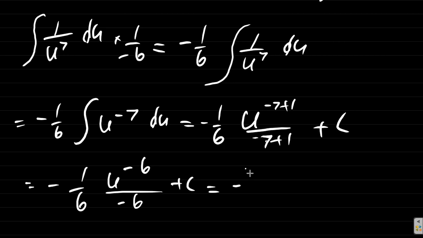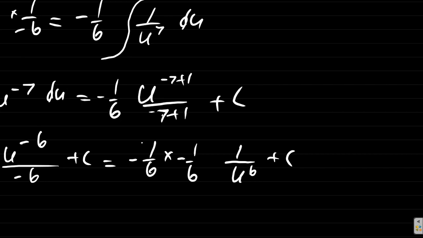Which is, well, what you're going to have is negative 1/6 times negative 1/6. You see? This here will multiply the 6. Then 1 over u to the 6th plus c.